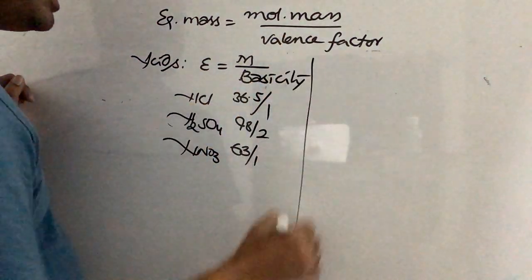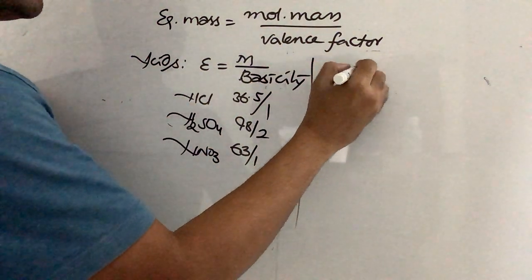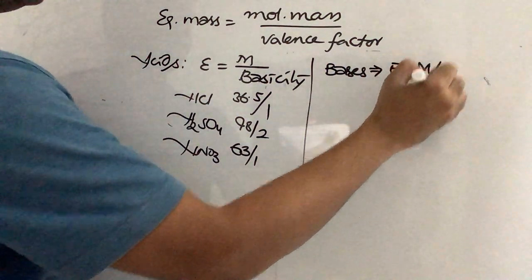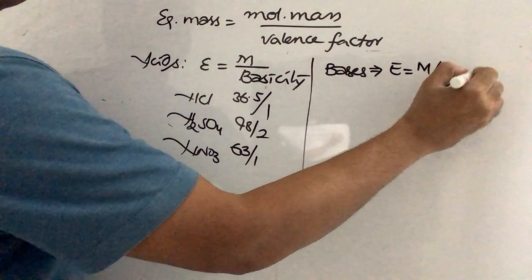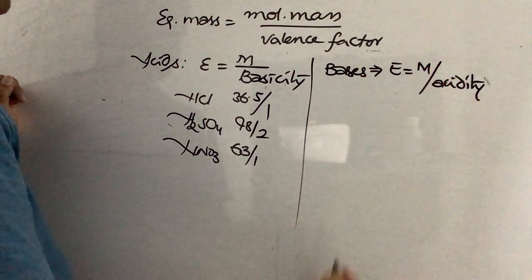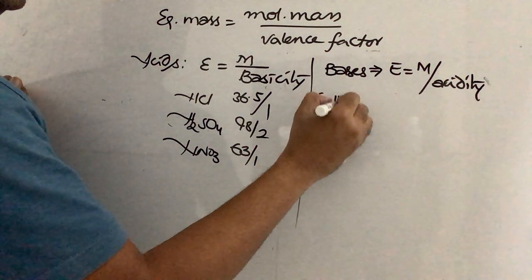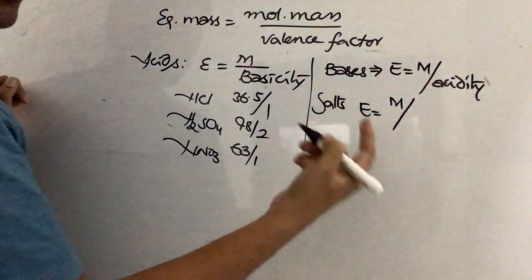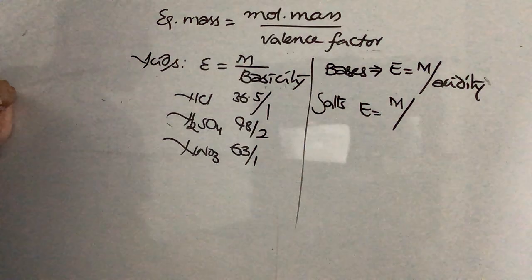If it is bases, equivalent mass is equal to molecular mass by acidity. Then salts, equivalent mass is equal to molecular mass, or use formula mass. For salts you have to use formula mass.